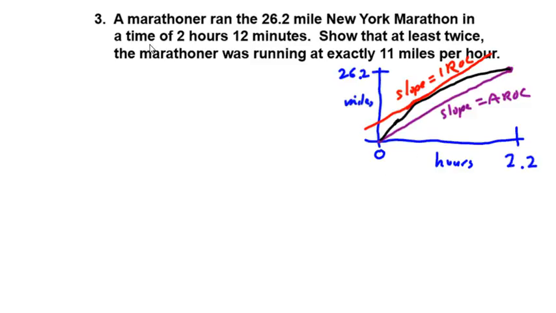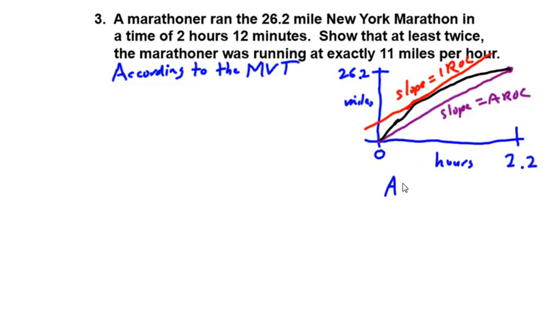And so we would write our conclusion, we'd say, according to the mean value theorem, oh, we haven't made that calculation yet. We're going to take our average rate of change, which is f of b minus f of a, which is 26.2 over 2.2.